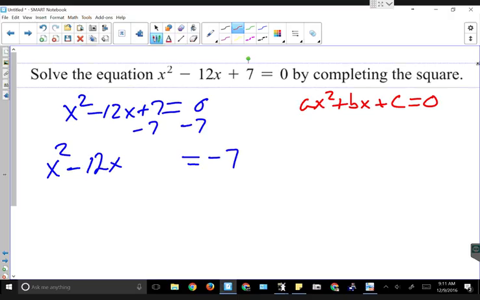So step 1, I want 1/2 of b. That's what I want to identify. So what value is b here? So what is half of that?